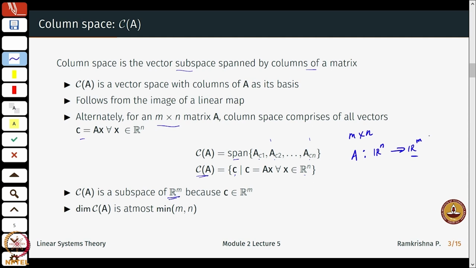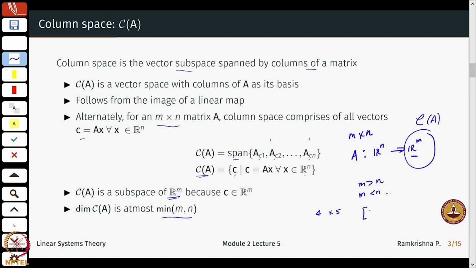And the dimension of this C of A is at most the minimum of m or n. That depends on whether m is greater than n or m is less than n, and so on. So, let us say I take a matrix which is 4 cross 5.